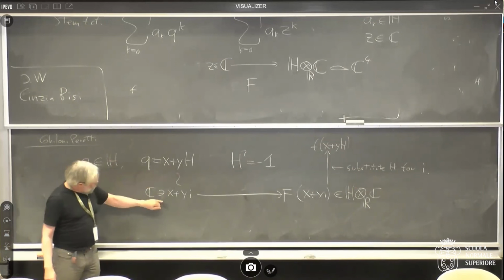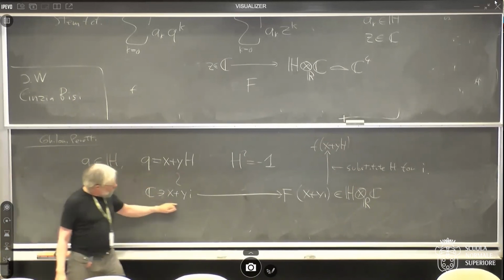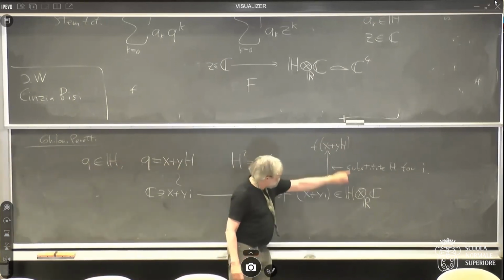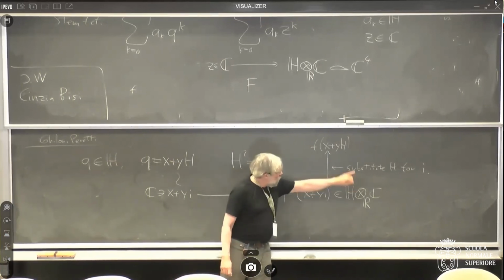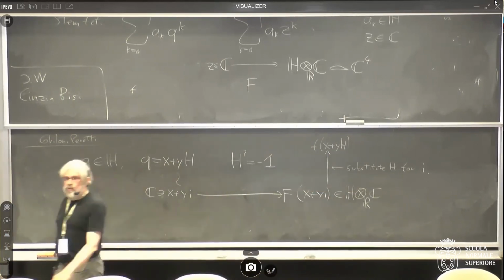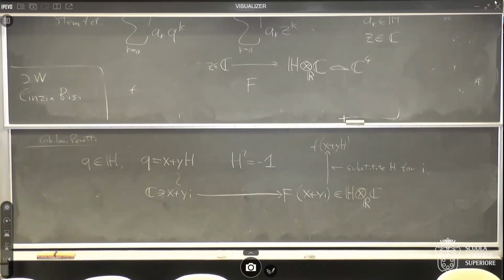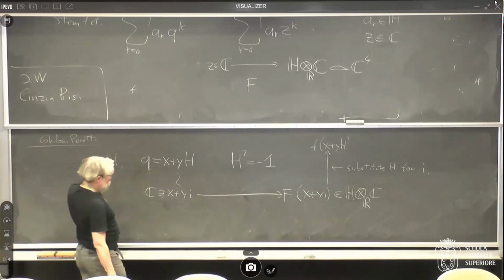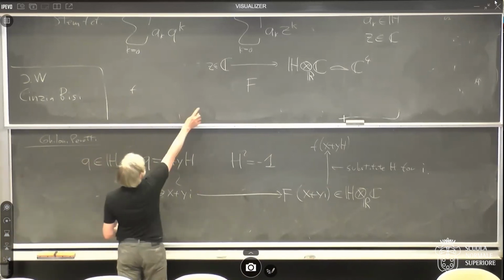And then you use this identification of the complex numbers to first apply the stem function, and then you can substitute the complex imaginary unit by this quaternionic imaginary unit to get a quaternionic number. And in this way, one can go from one side, from big F to small f.